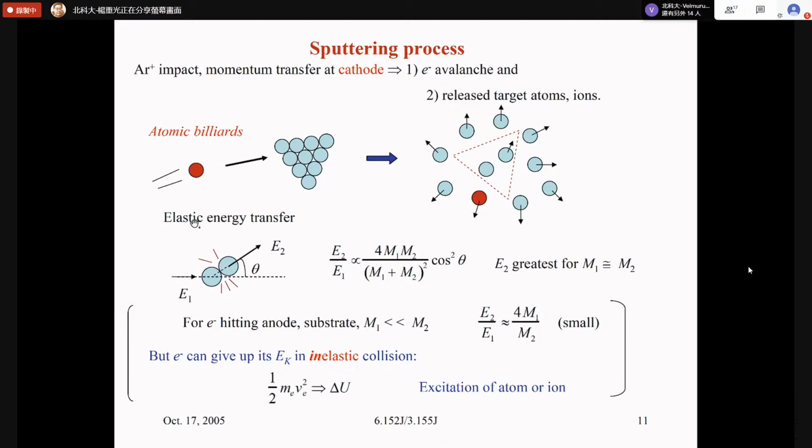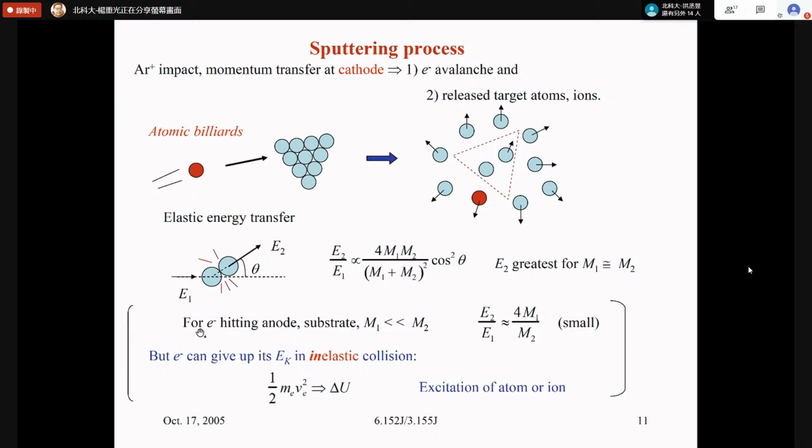Elastic means it doesn't lose energy. This result comes from the momentum and energy transfer. So you have two different masses, and this is how it comes out.